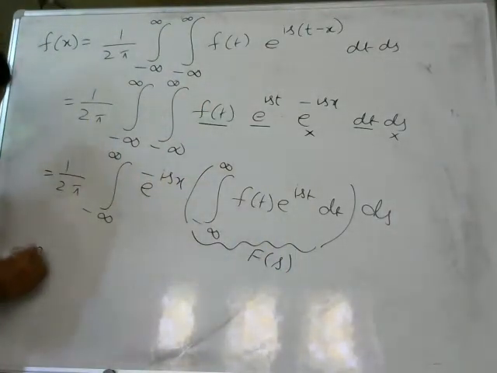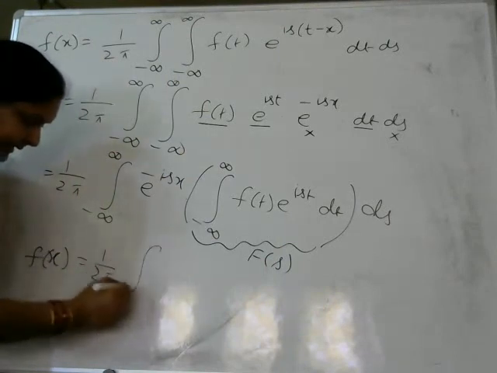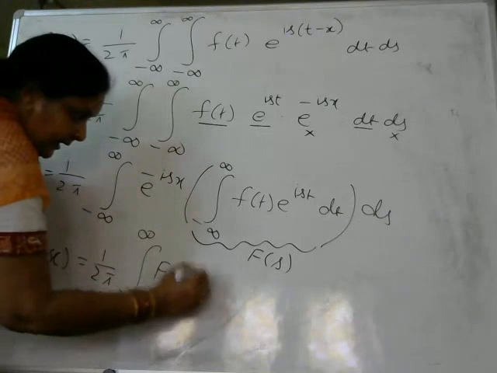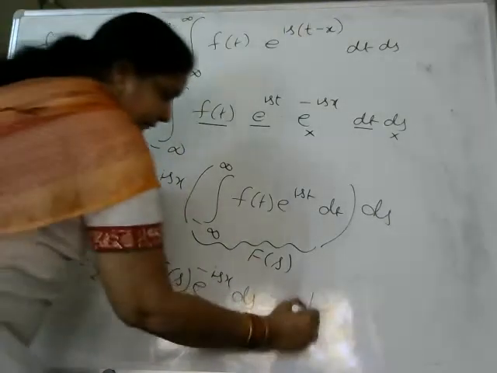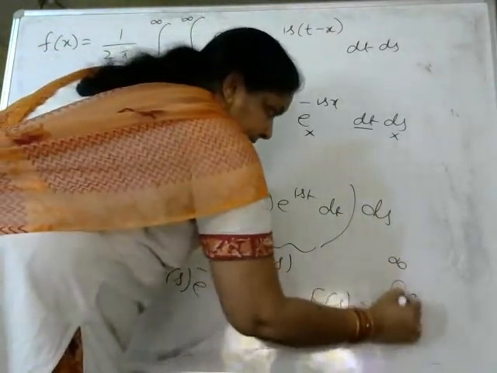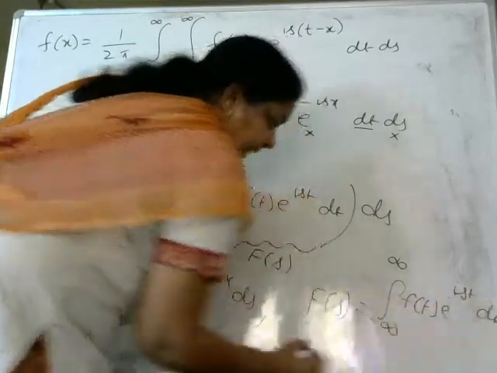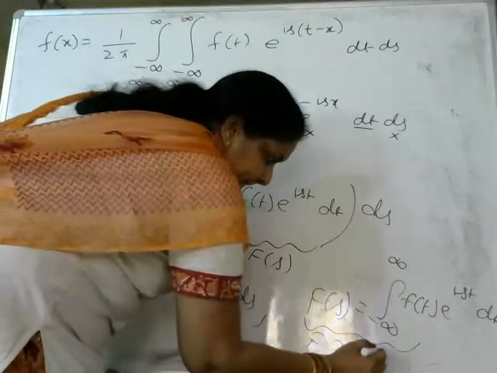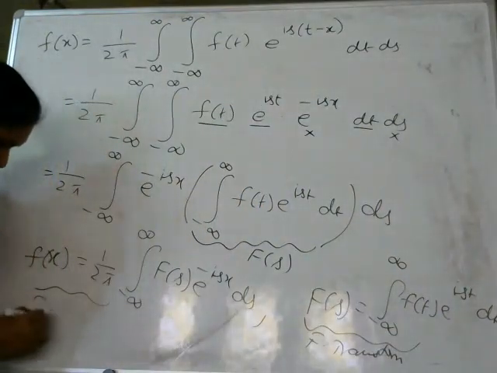Now, this term, whatever we have inside the bracket, we'll write it as capital F of s. How can you write the value now? f of x is equal to 1 by 2 pi integral minus infinity to infinity capital F of s e to the power of minus isx ds. And what is capital F of s over here? Integral minus infinity to infinity f of t e to the power of ist dt. This is called the Fourier transform. This is called the inverse Fourier transform.